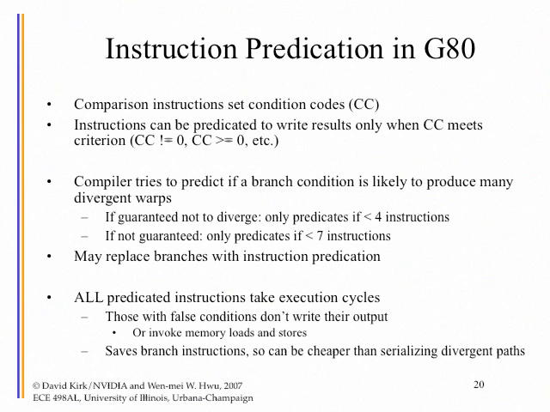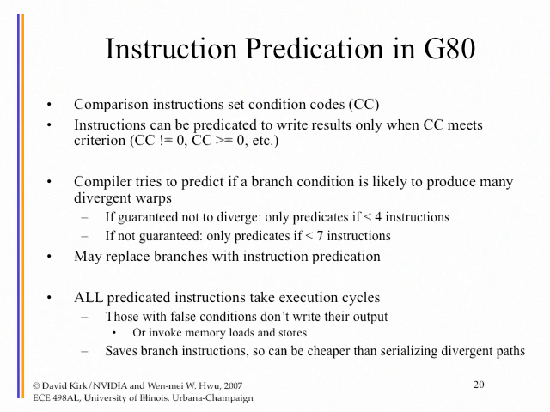Essentially on G80, you will see a comparison instruction that sets a condition code, and there's only one. How many condition codes are there in G80? I don't remember off the top of my head. Let's just say one.